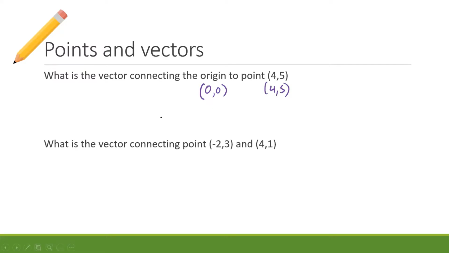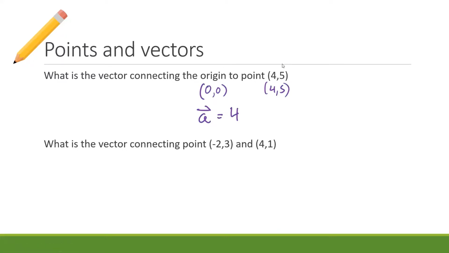Does someone want to take a guess? Let's call this vector vector A. Can someone tell me how far to the right have we gone if we go from 0, 0 to 4, 5? How far to the right have we traveled? 4. So I can actually write this down as 4. And which letter has got to do with left and right? i.